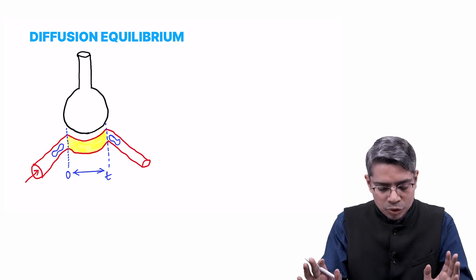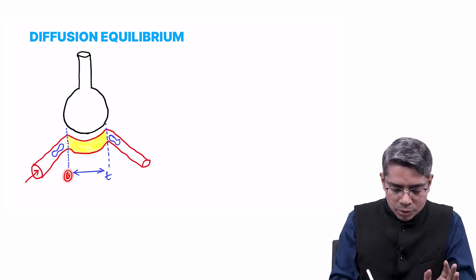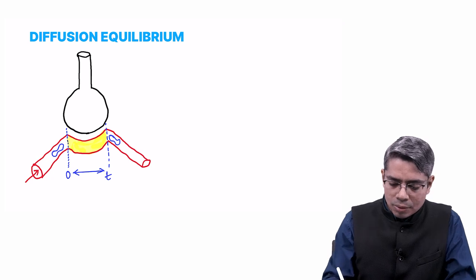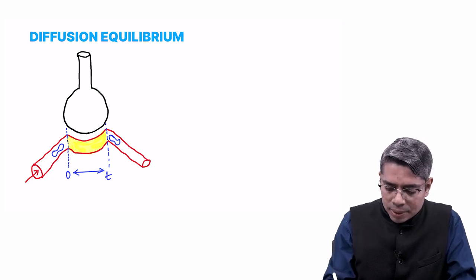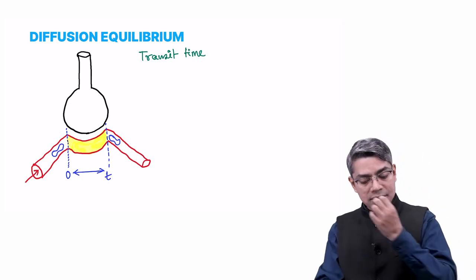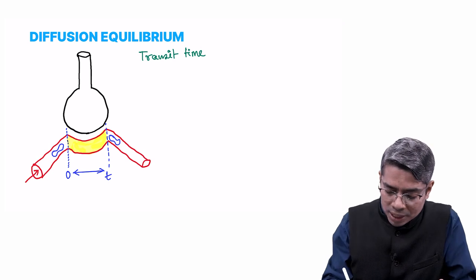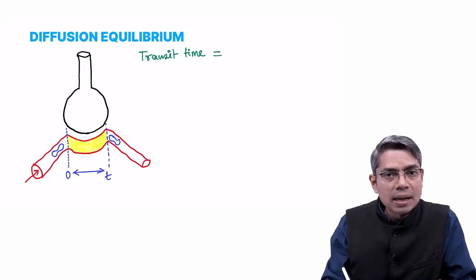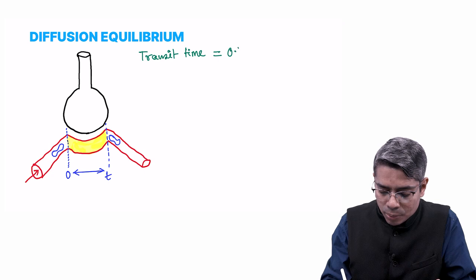So this time period from 0 to T is known as the transit time of blood at the level of alveoli. Not gases, transit time of blood. So normally the transit time at the level of alveoli is 0.75 second. Okay.